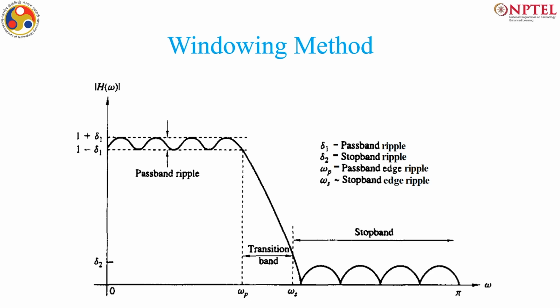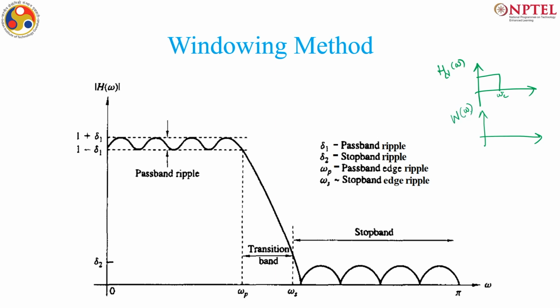So, what is happening is that this was my desired response in the frequency domain, with cutoff at omega c, and then I am multiplying with the window function. If this is my window, what is the spectra of the window?